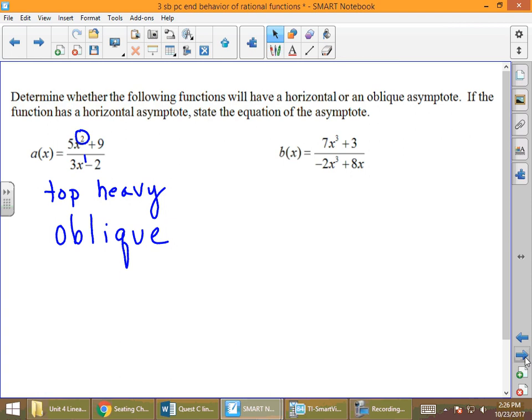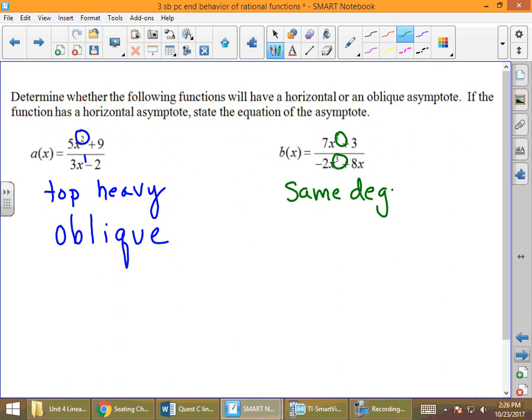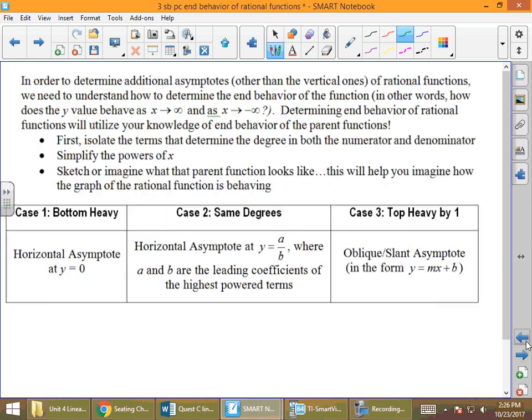Problem number 2, or the B of x. Look at the degree. There's a 3 in the top degree. There's a 3 in the bottom degree. So what we have is the same degree on the top and the bottom. So let's go back and look at our chart. Same degree says that we are going to have a horizontal asymptote at y equals a over b.